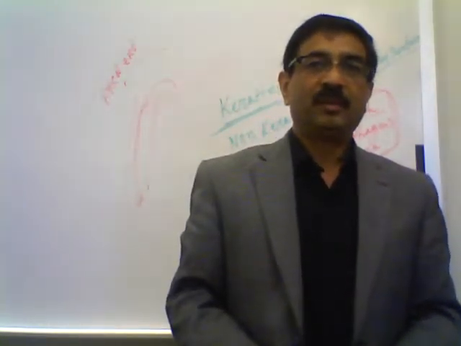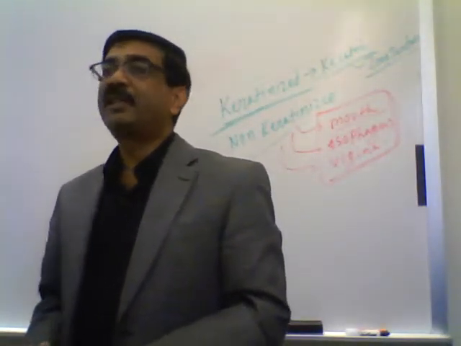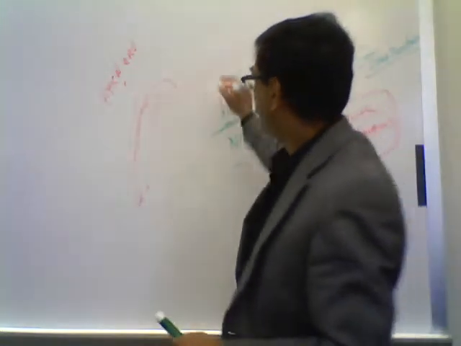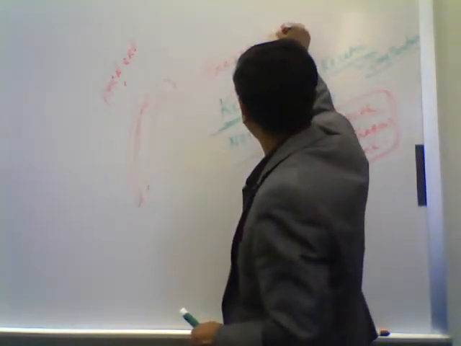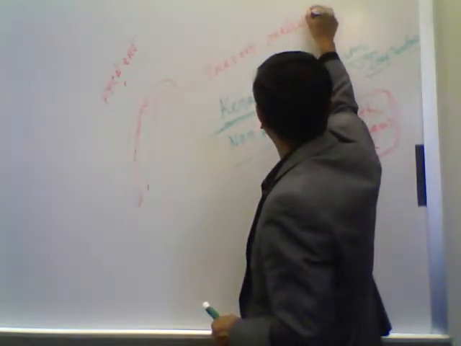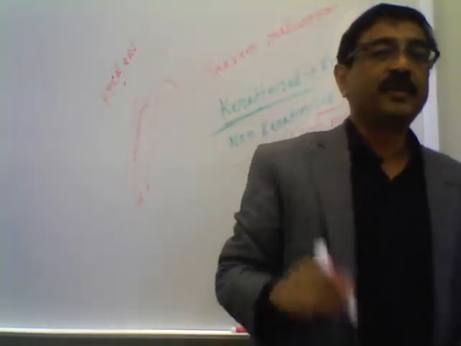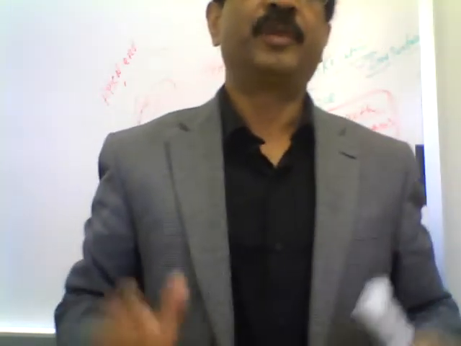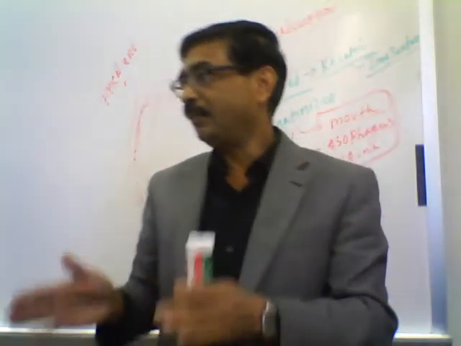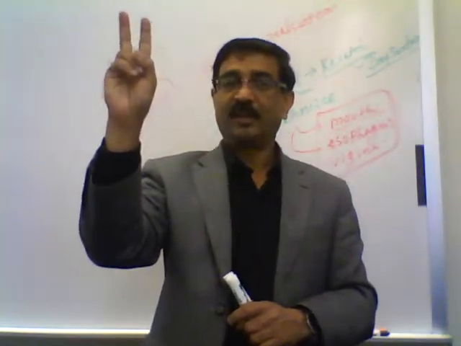Number two, they prevent reabsorption. Now the question is, what do you mean by reabsorption? Reabsorption means the fluid getting back into the body. They prevent the fluid from getting back into the body. Those are two important properties.